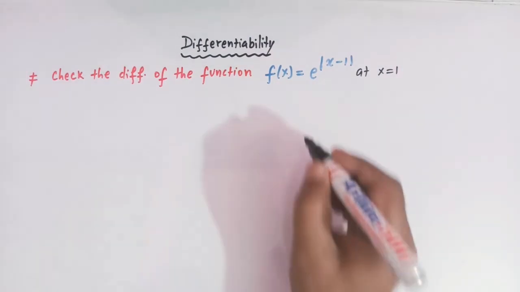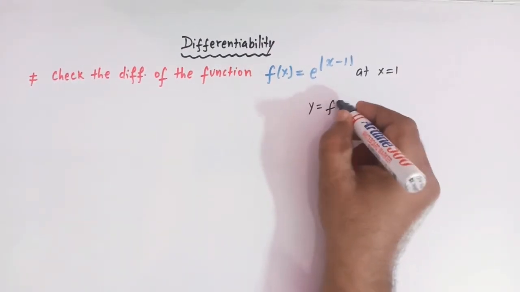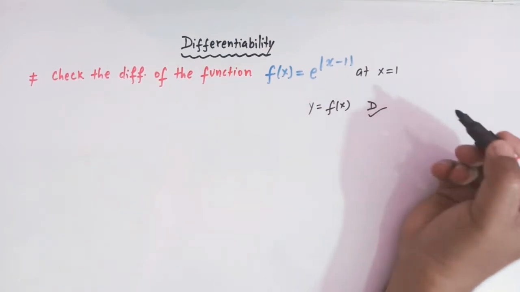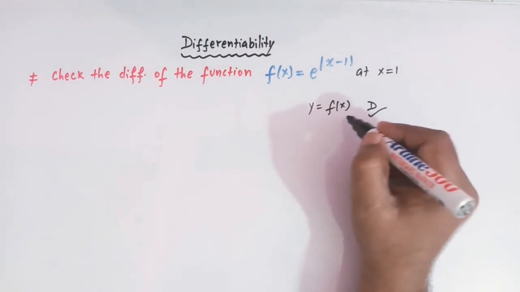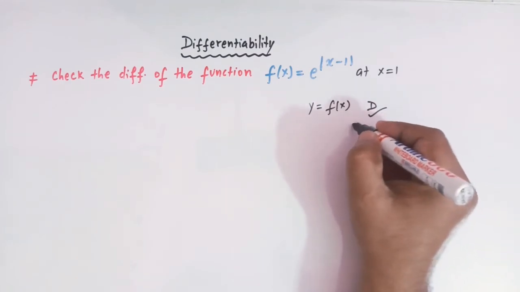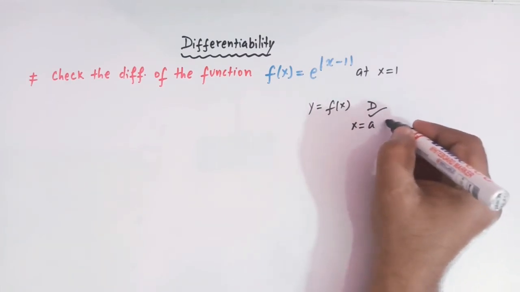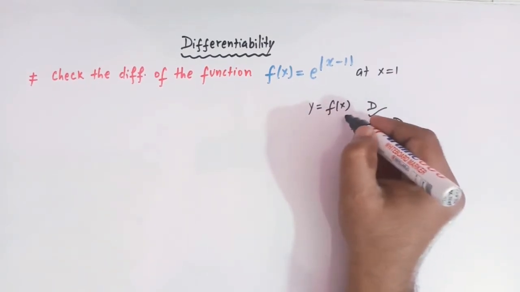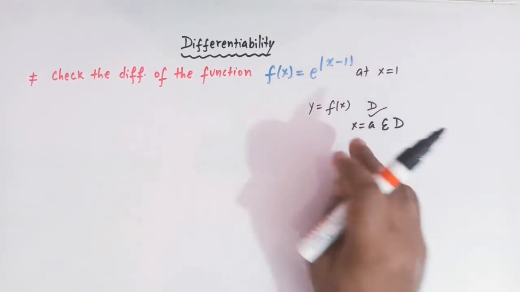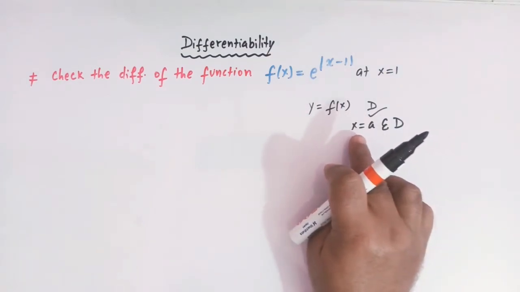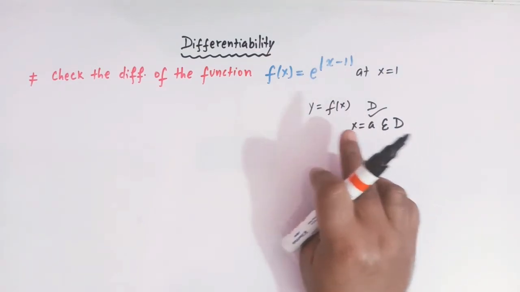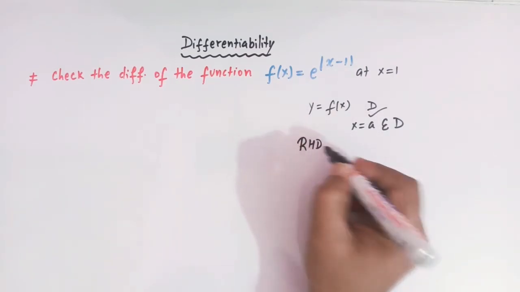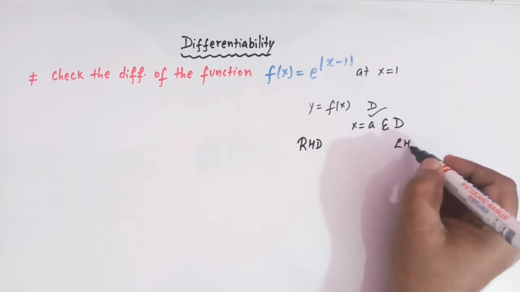Suppose y is equal to f of x is a function defined on some domain D. If we take any point, say x is equal to a belonging to the domain of this function, and we have to check whether this function is differentiable at x is equal to a or not, we find the right hand derivative and left hand derivative.